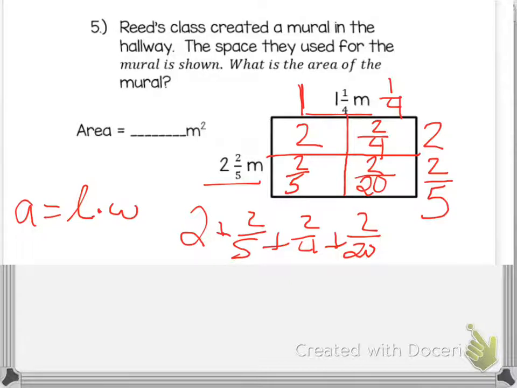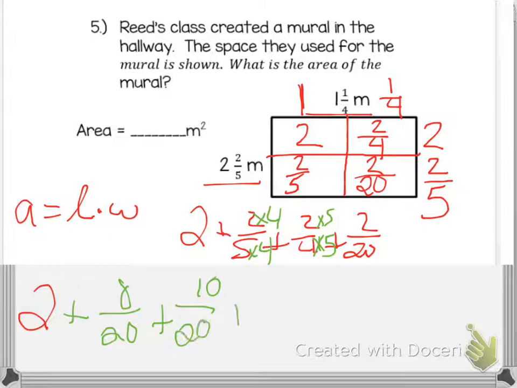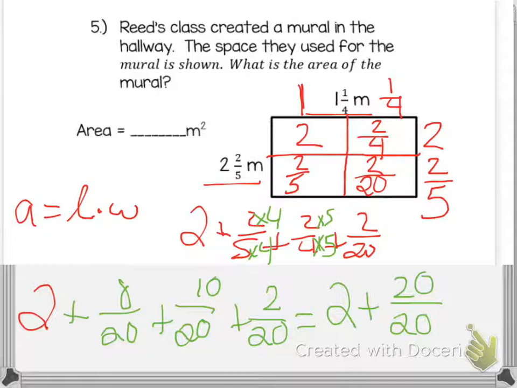So if I turn my fractions into the same denominator, I have to times this by 4. So I have 8/20 plus times this by 5. 2 times 5 is 10. So 8 plus 10 is 18 plus 2 is 20. So I have 2 plus 20/20, which is 3. So my answer is 3 meters squared.